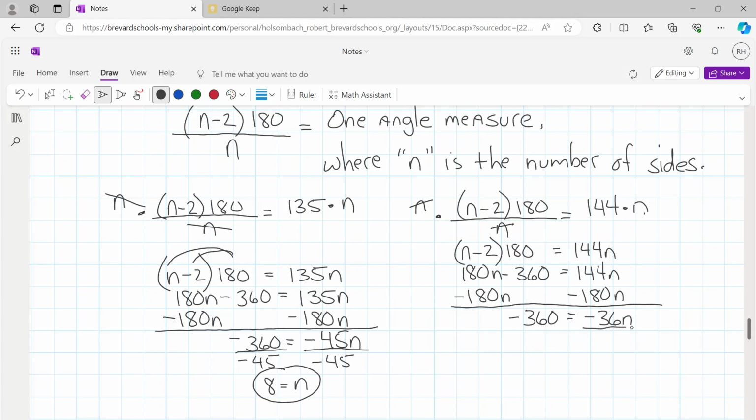We can now divide both sides by negative 36. And 10 is equal to n. So the shape has 10 sides. Anybody remember what a 10-sided shape is called? Decagon. Very good. Decagon. All right, so there's your formula and your process for finding the number of sides of a regular polygon given one of the interior angle measures.